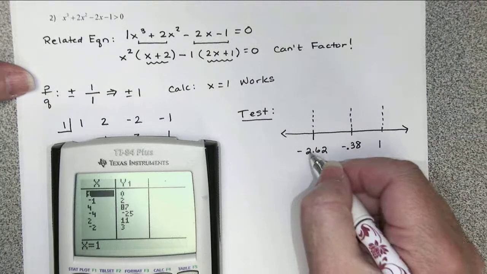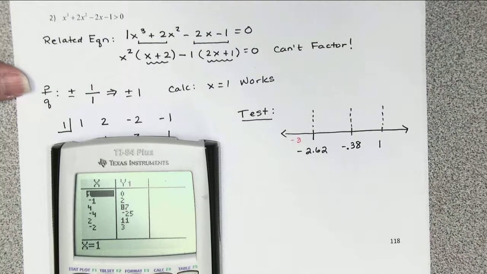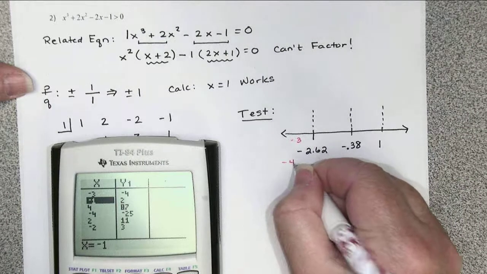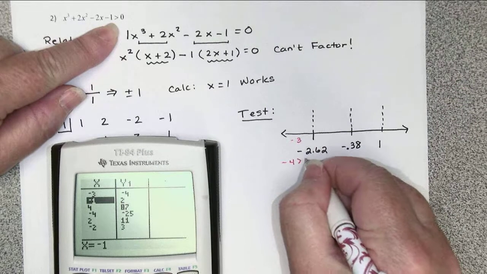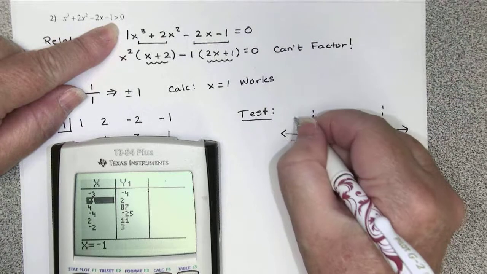All right, I'm going to start with negative 3. If I plug negative 3 in, I get a y value of negative 4. Notice that this was supposed to be greater than 0, according to the original inequality, and it's not.